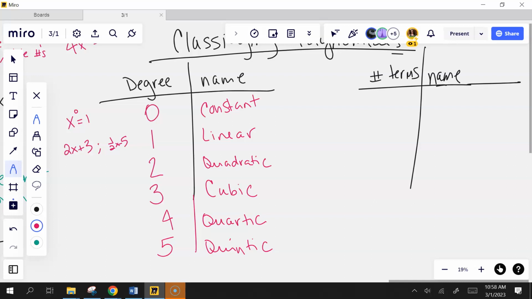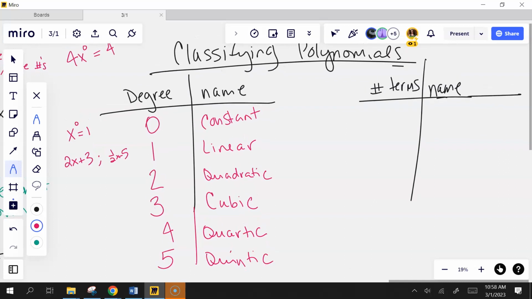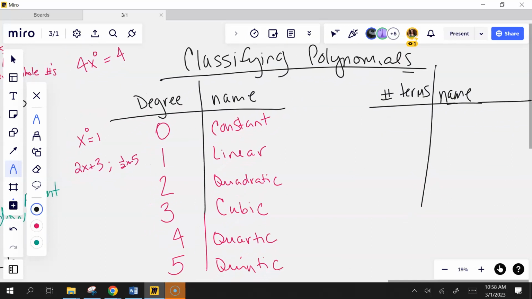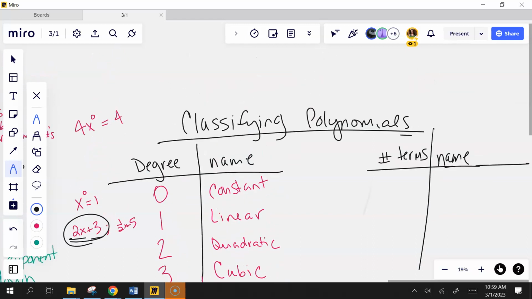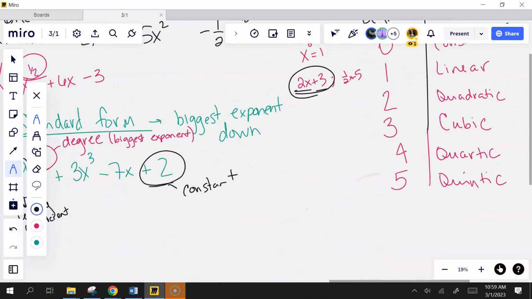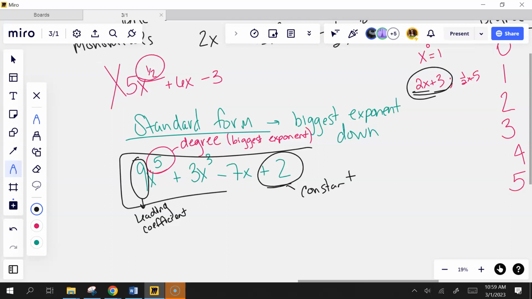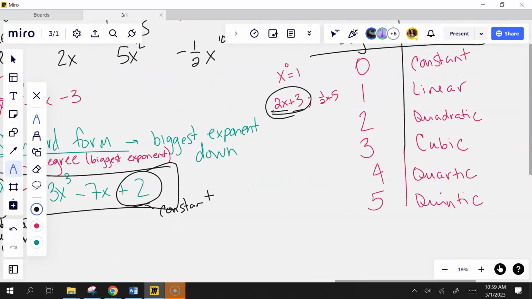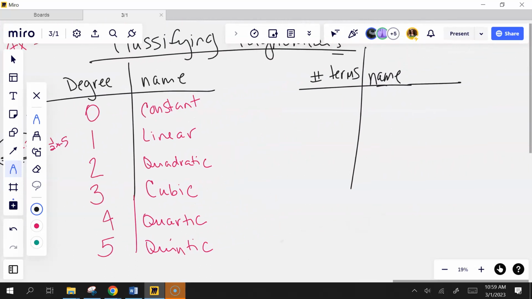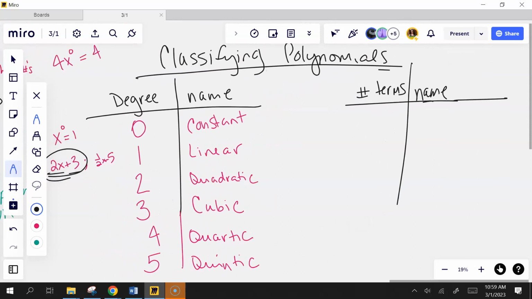Now, I said we also classify them based on the number of terms that they have. Terms being how many things are added or subtracted. How many terms does this one have? 2. How many terms does this one have? 4. Okay. We will only do up through 3, and past that, we'll just call it a polynomial.